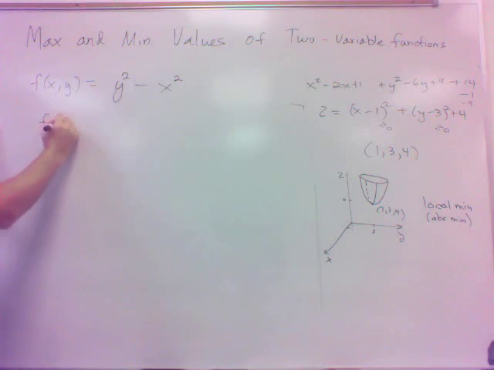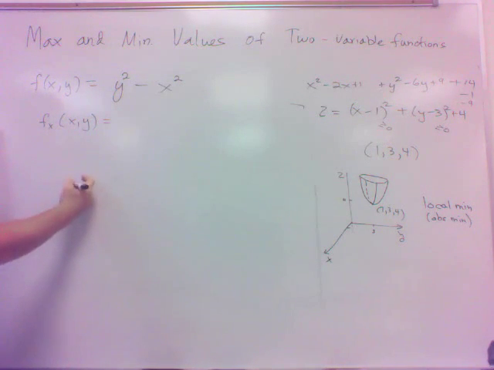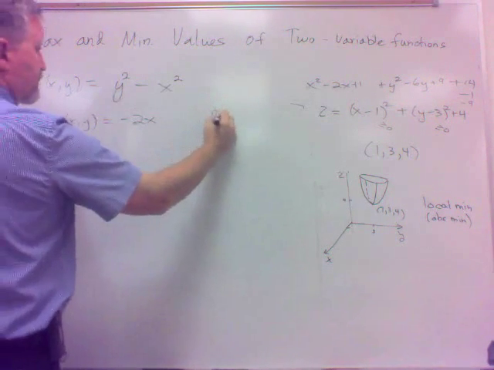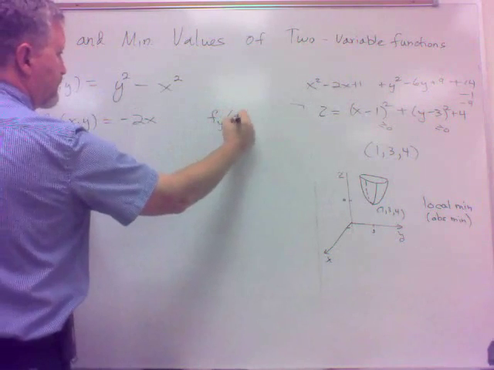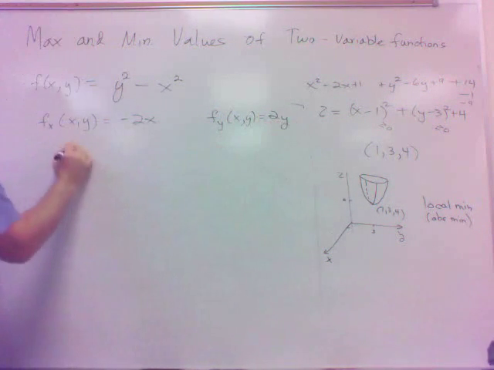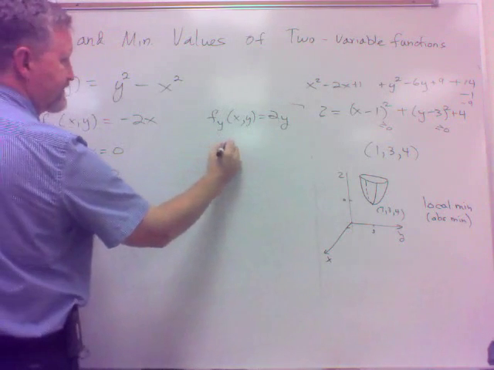Well, the partial with respect to x is negative 2x. And then the partial with respect to y is 2y. So if we set those equal to 0, our critical point is (0, 0), right?